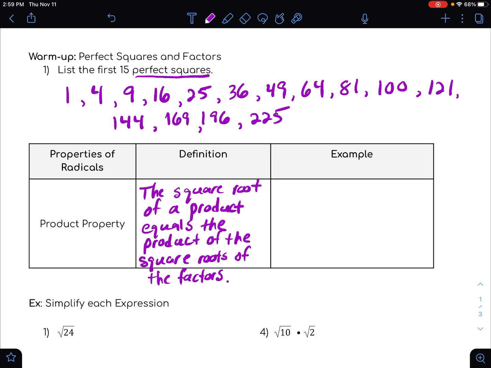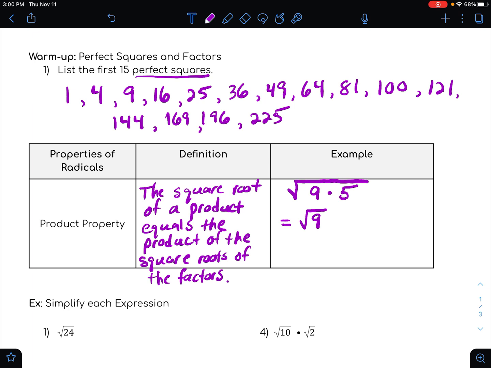So probably still doesn't quite make sense, does it? So let's take a look at an example, all right? So the square root of a product, so the square root of two things being multiplied together, so the square root of 9 times 5, for instance, equals the product of the square roots of those factors. So what that means is it's the square root of each one of those factors.